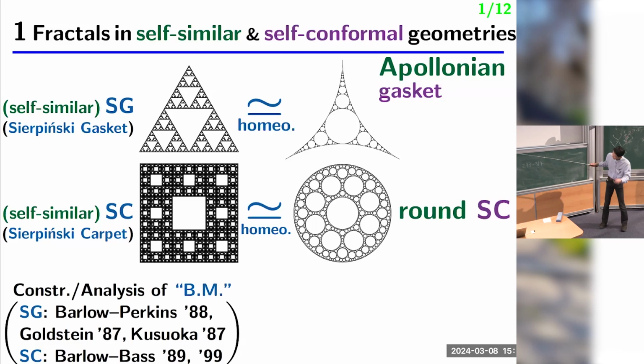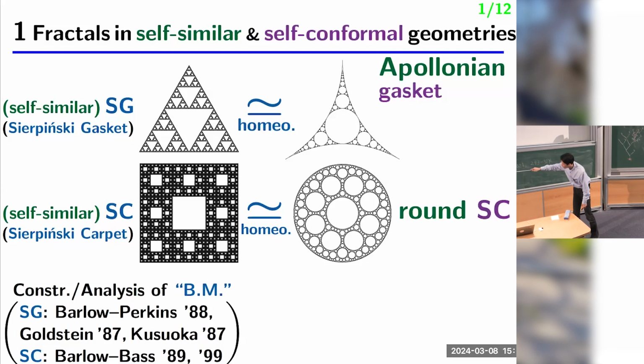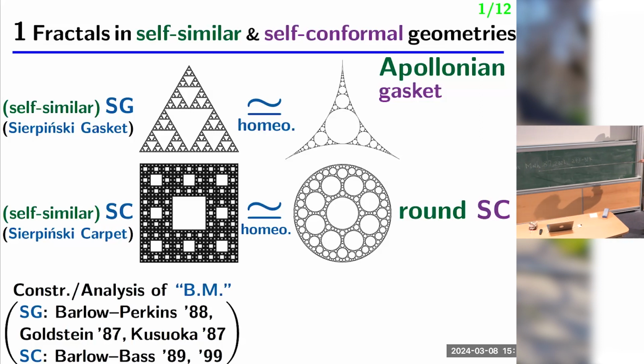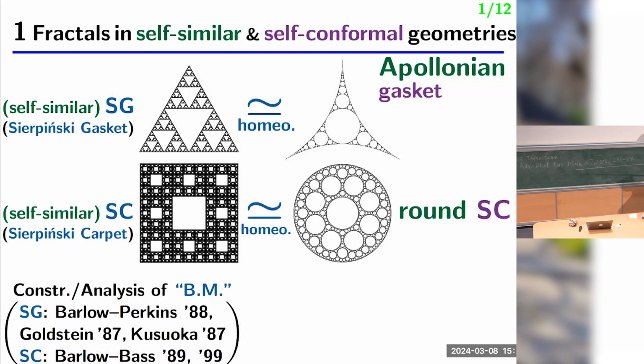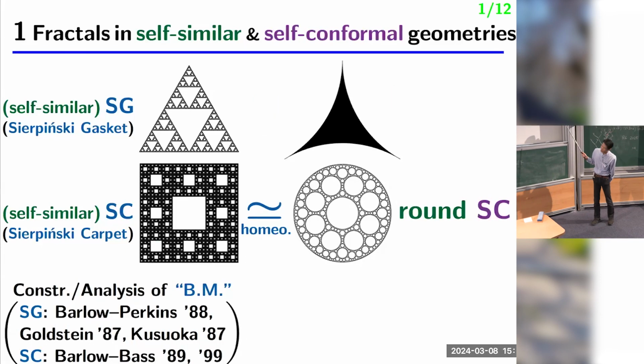By the way, since this is being recorded, the pictures of these circle packing fractals are taken from this survey paper of mine, so please include this in the recording, just for clarity.